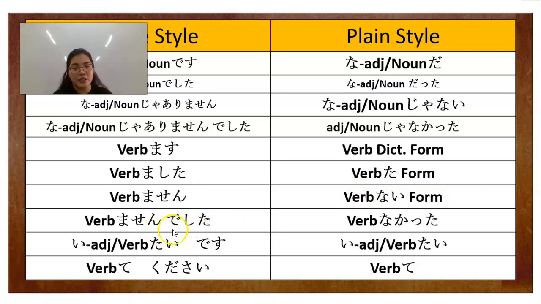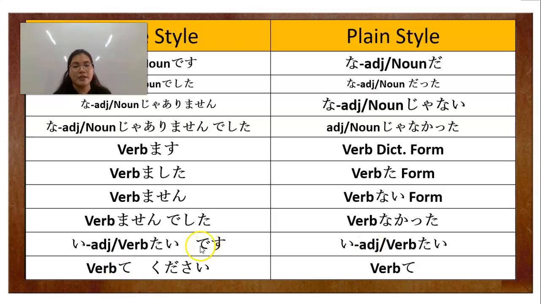Okay? Next is i adjective des or verb tai des becomes i adjective or verb tai. For example, you are going to say i adjective samui des. So in a plain style, you will just say samui.